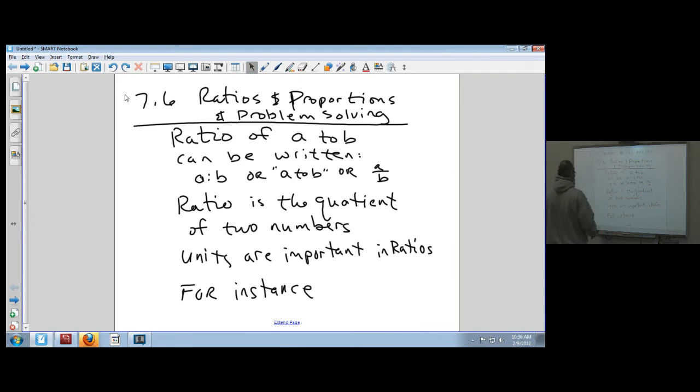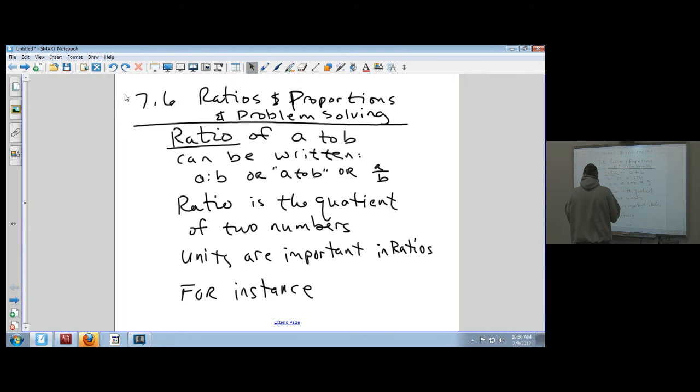But first of all, let's define what ratio means. The word ratio has its basis in the word rate, and we all know how to determine rates. We can determine the rate of the price per item by dividing the total price that we pay for a certain number of items. We can figure out our miles per gallon by dividing the total number of miles that we traveled over the number of gallons that we filled up our tank with.